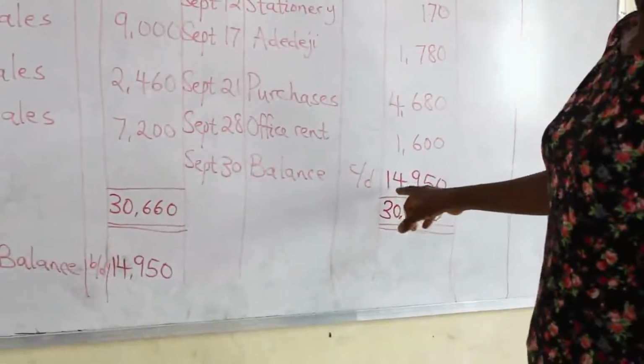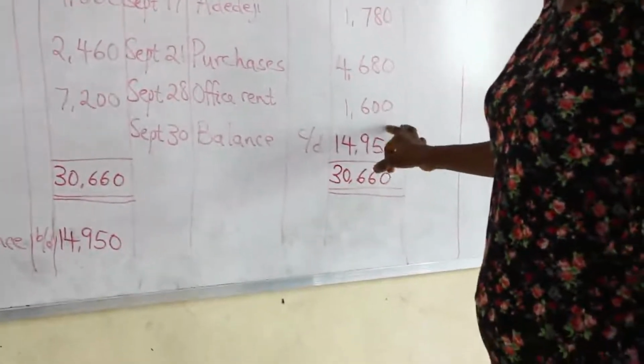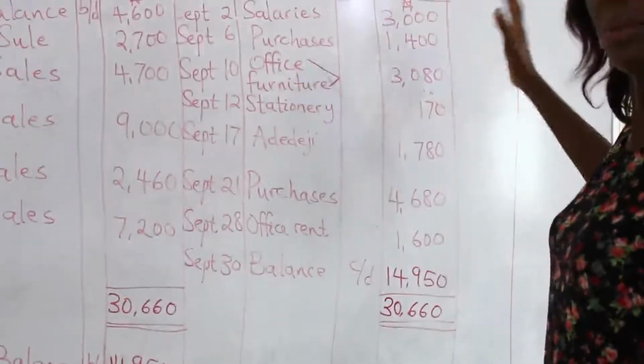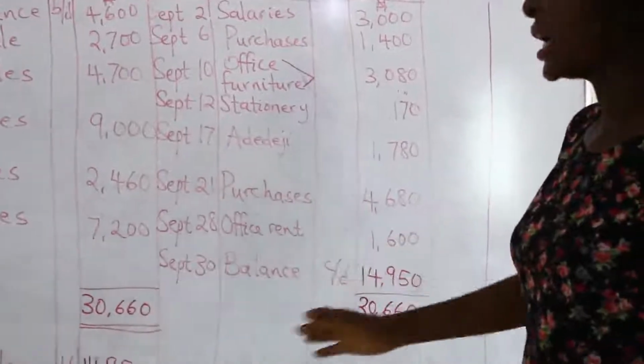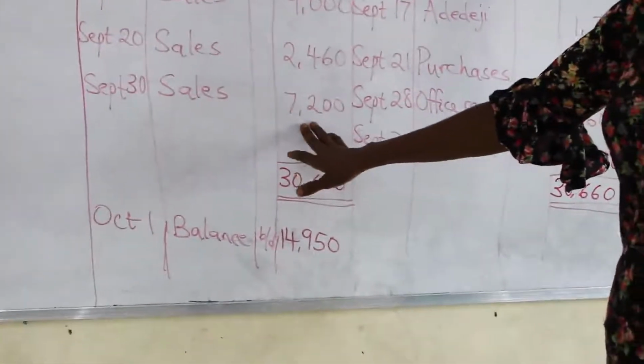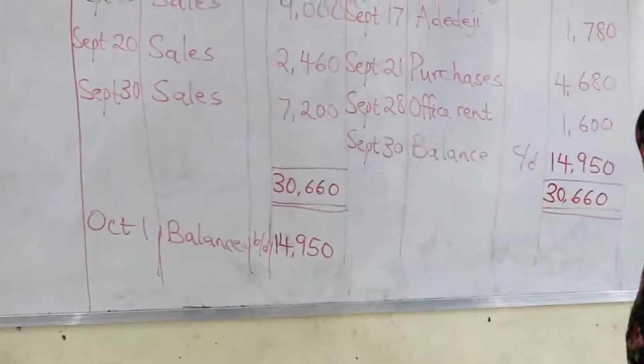So we have 14,950 naira left after we have made all payments for the month of September and after we have received all that we received for the month of September 2016.